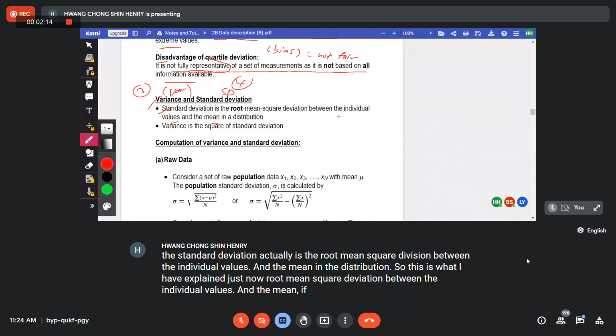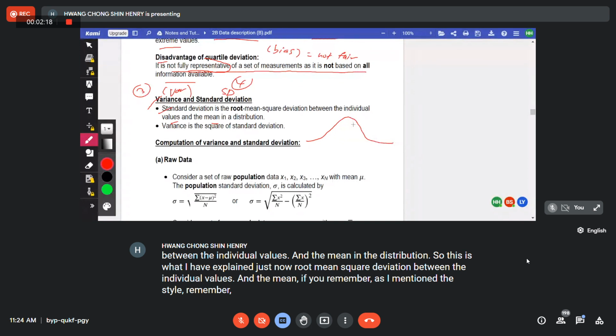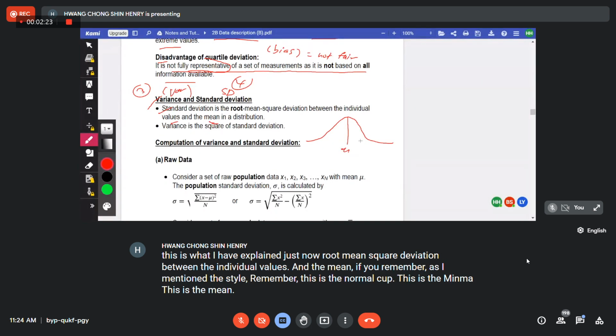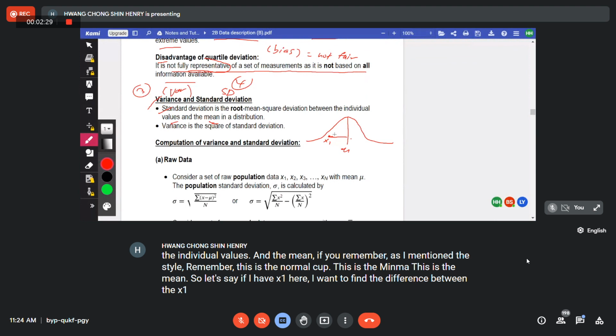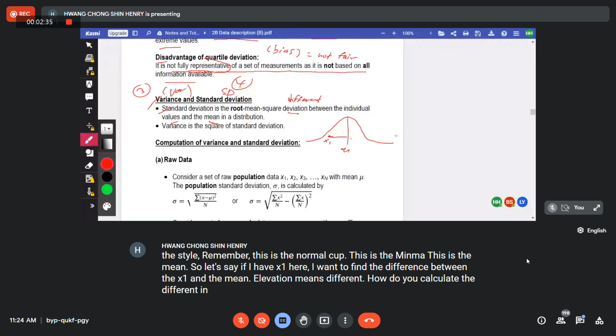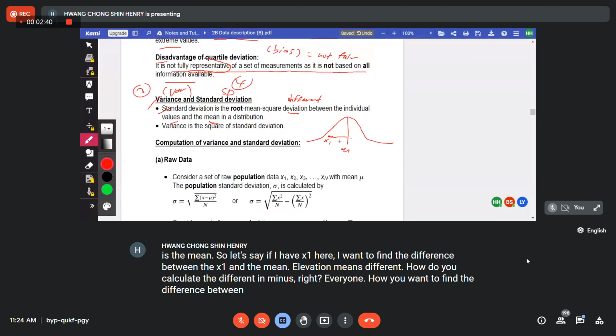If you remember, this is the normal curve. This is the mean. So let's say I have x1 here, and I want to find the difference between x1 and the mean.